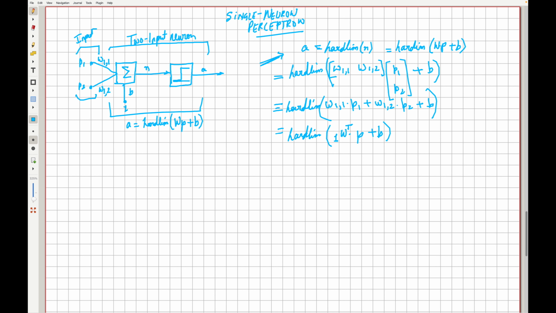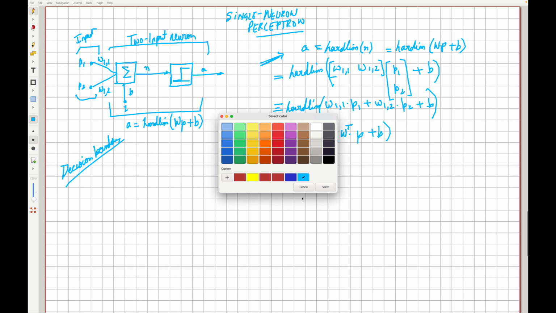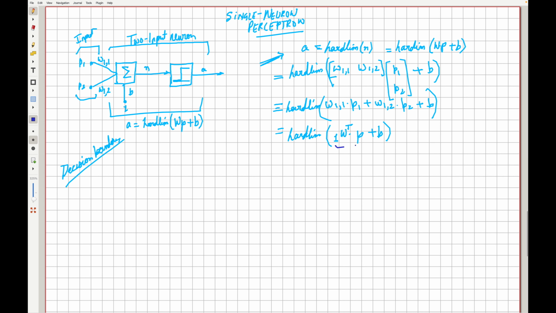So with that, what we already know is when we talk about the decision boundary, what we are saying is that this equation that we just have inside of the hardlim, inside of the transfer function, is equal to 0.